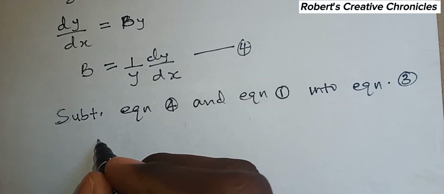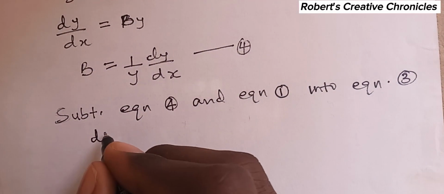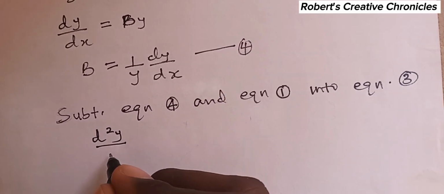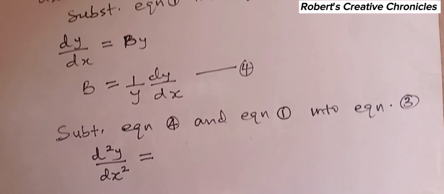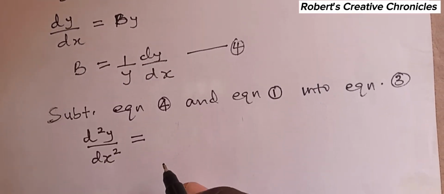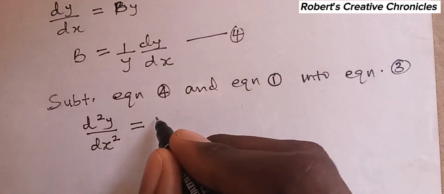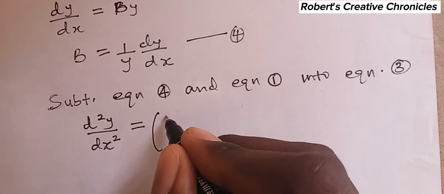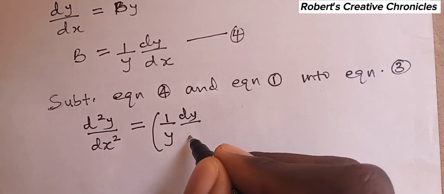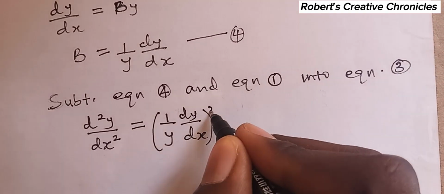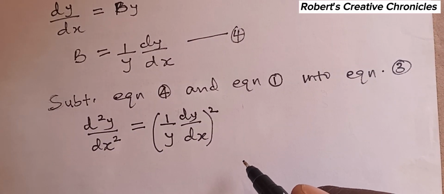It will be the square of d²y over dx² equals b squared. What's my b? You square it to be 1 over y, dy over dx, squared.